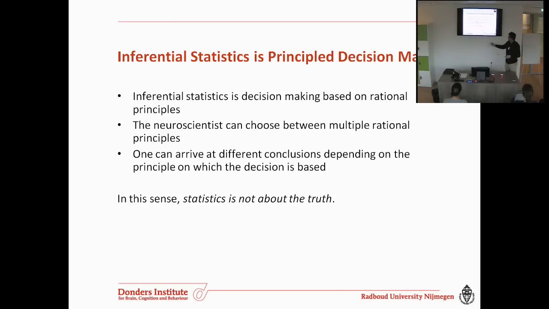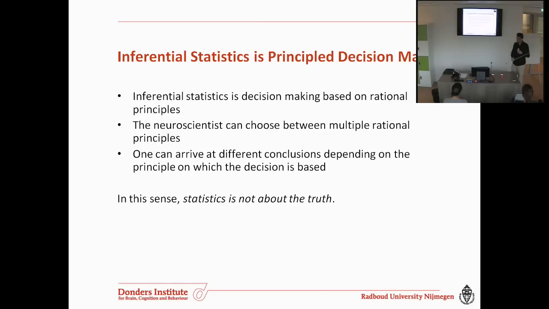So the essential point is that inferential statistics is decision making based on rational principles. And very importantly, there is not only a single rational principle, there are more. There are not very many, because it's not so easy to come up with principled decision making.